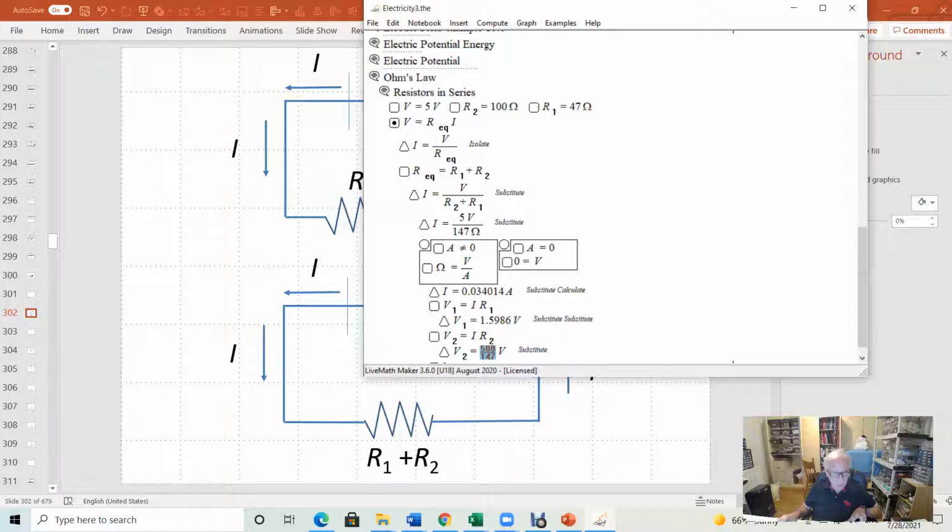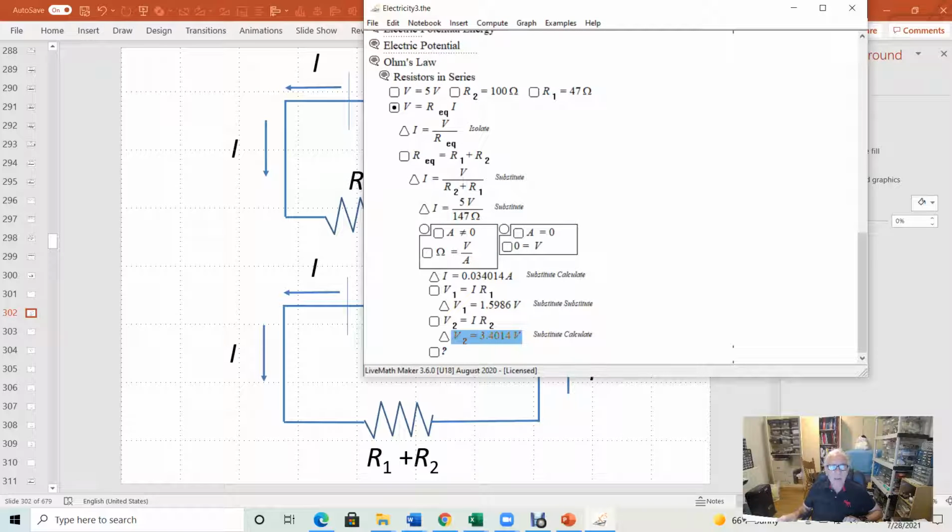Calculate. See? There's a larger drop in voltage across resistor number 2 because it has a higher resistance. That's the reason. You lose more energy at resistor number 2 than at resistor number 1.